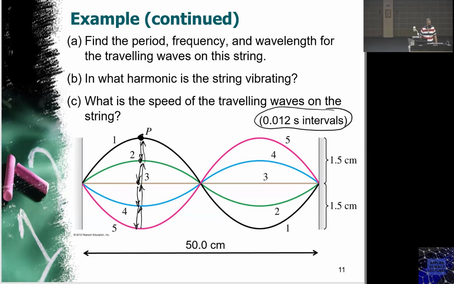So the period is, this is one time interval, 0.012. How many time intervals do I have here to complete one full cycle? I need 8 time intervals to complete one full cycle, right?